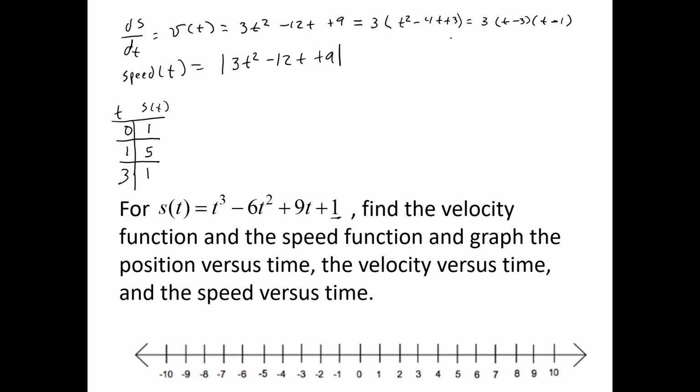The other thing that's going to help me graph my position function is the sign chart for the velocity. And so, again, not doing anything to the left of 0. And then we have 1, and then we have 3. To the left of 1, like 0, you will get negative 3 times negative 1, you will get positive.